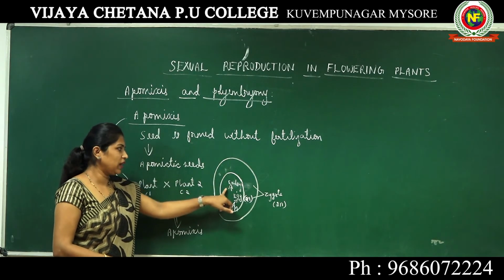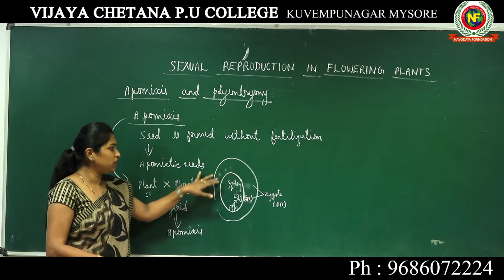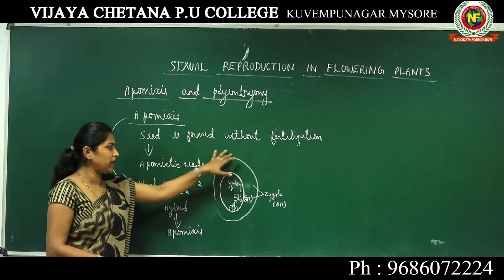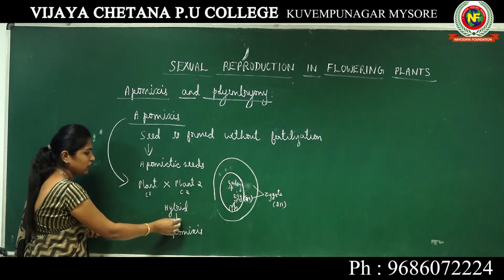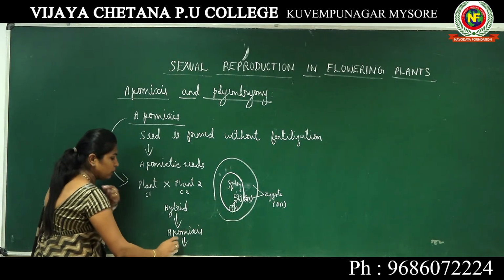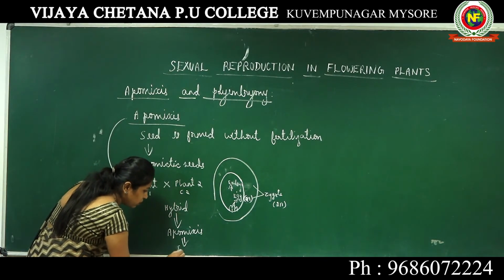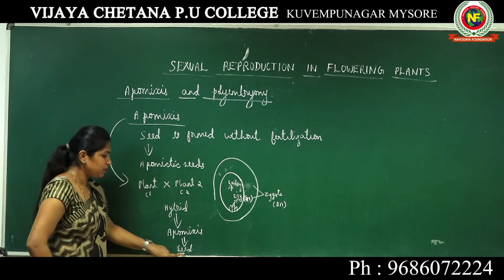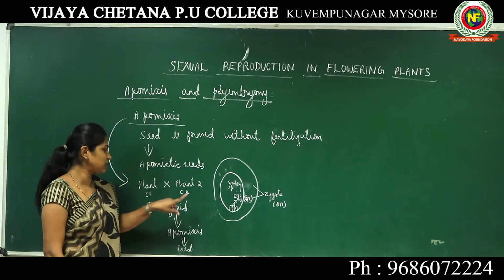At that particular time, there is no combination of a new character, and the desirable character of the parent plant is obtained as such. That is the reason that after apomixis, when you get the next plant or when you get the seed, this seed has exactly the same characteristics as that of the hybrid.